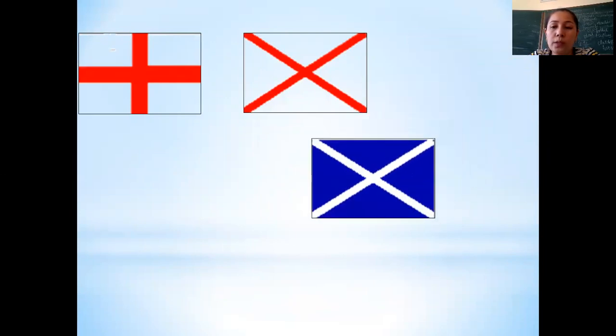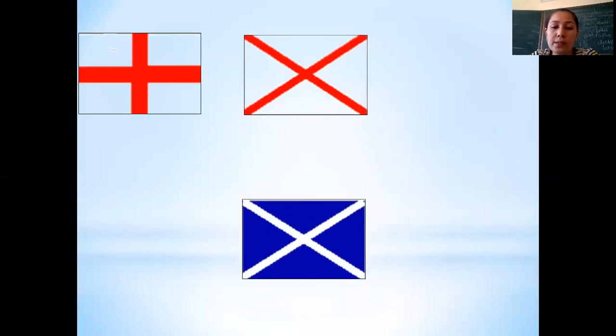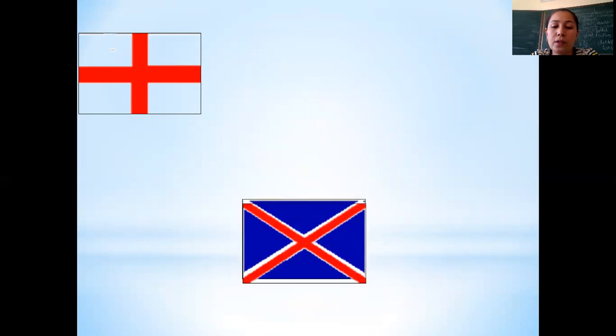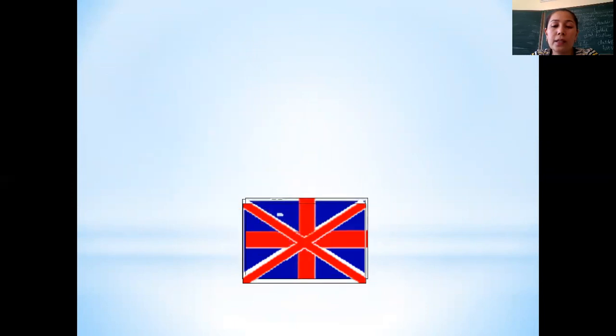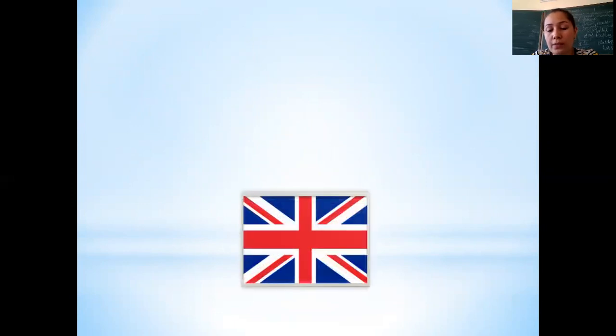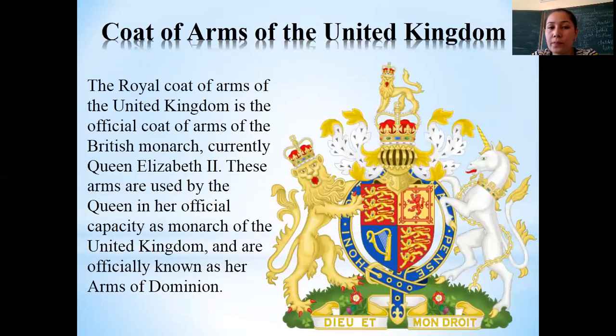So here it is, and here is the second flag coming, and the last one is here, and it will form the Union Jack. So it is the original appearance of the flag.